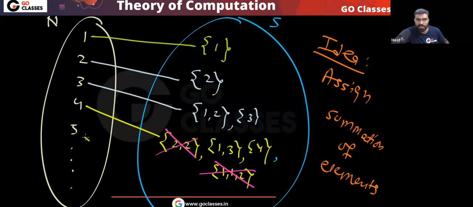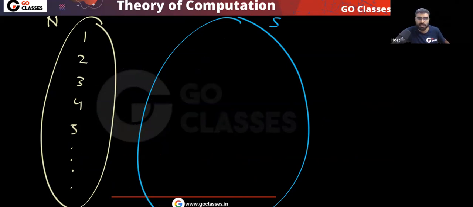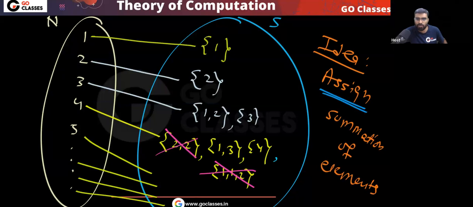So, do you agree that everyone will get a finite number of elements? Yes or no? So, assign by summation of elements. Is this clear? Just assign the summation of elements.